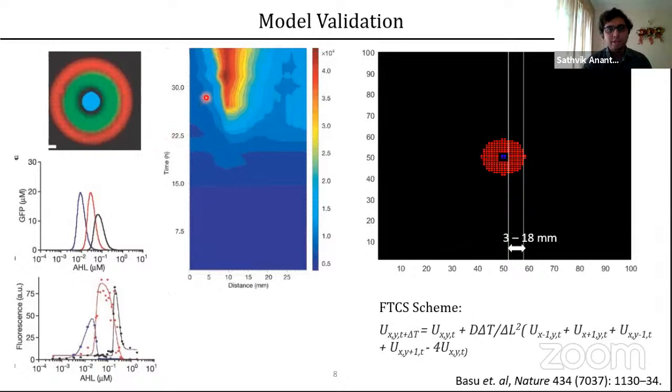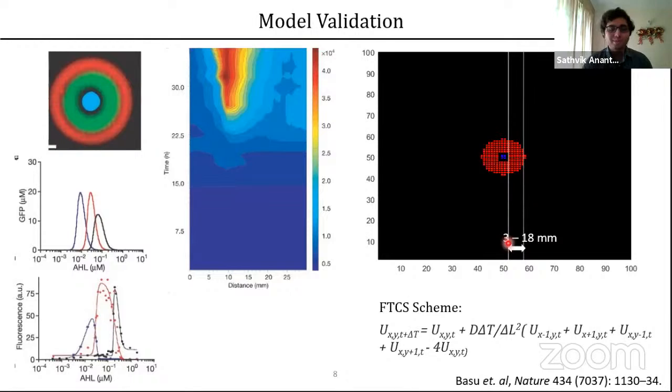And you end up with a ring that's between 5 millimeters and 18 millimeters from the center colony. We used many of the same parameters for the bandpass filter that they used, and a lot of parameters for the diffusivity in agar of the metabolite and so on were taken from literature.